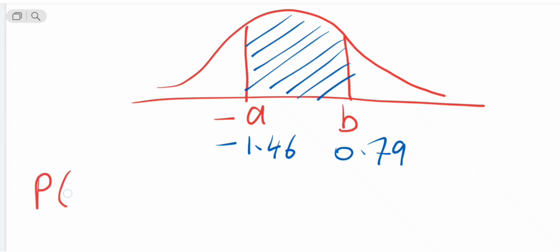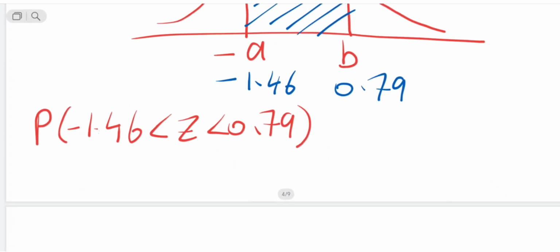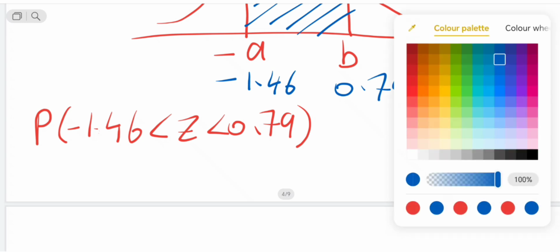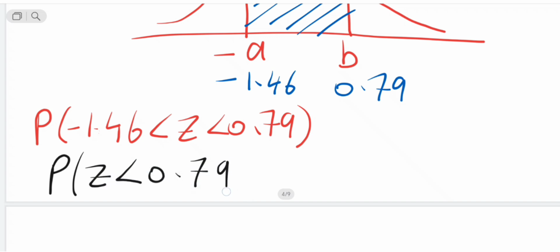minus 1.456 less than z less than 0.79. So as I told you, you will find both less than. That will be the first one, the bigger one. I will do the first, bigger one: probability z less than 0.79, that will be equal to x.